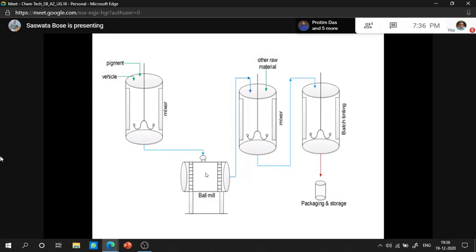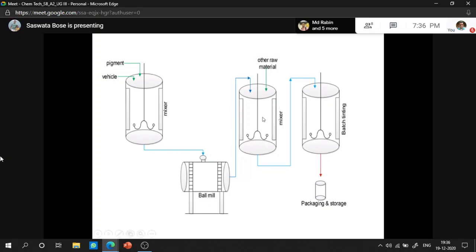After grinding, the mill base is mixed with other paint ingredients in the high-speed mixer again. This is the second mixer. Other ingredients, such as lacquer, colorants, plasticizers, depend on your requirement. For different grades of paints, you add different additives in the second stage.